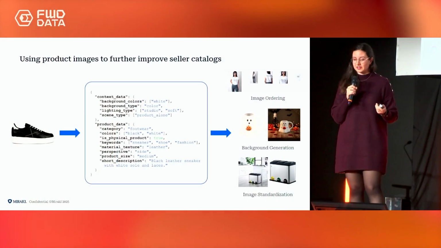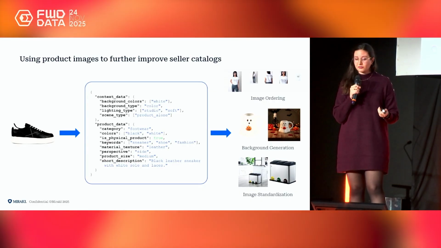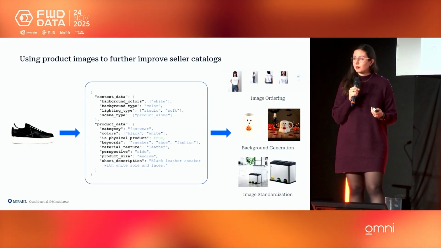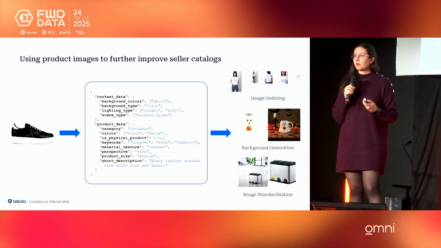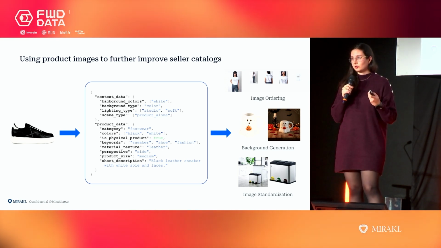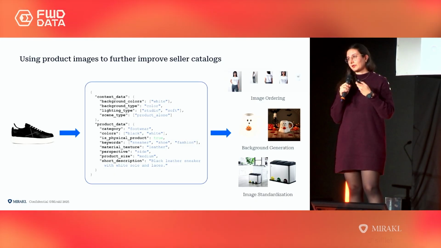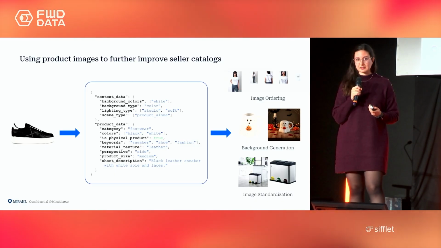Our data scientists have created this. As you can see here, we've got some structured data with more description about the type of product images that the sellers have in their catalog. So we've got information such as background, lighting, scene type, perspective, that can be quite important to help us standardize seller images according to marketplace wishes.